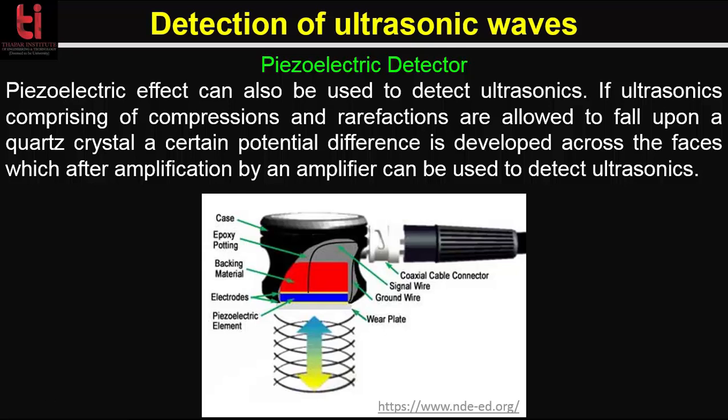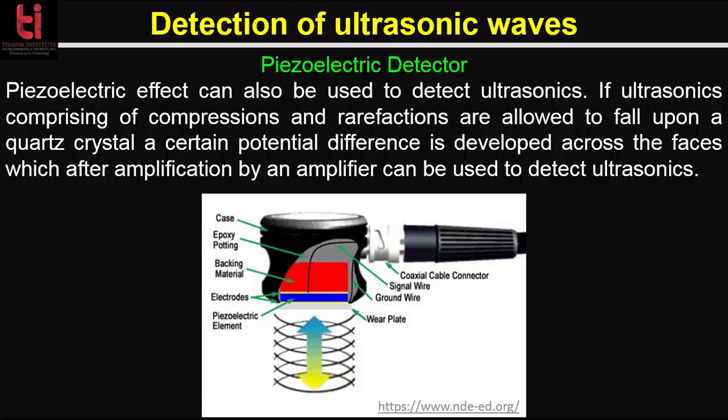If ultrasonics comprising compressions and rarefactions are allowed to fall upon a quartz crystal, a certain potential difference is developed across the faces, which after amplification by an amplifier can be used to detect ultrasonics. What you can see here is a cutaway of a typical contact transducer. This is the piezoelectric element, and these are the ultrasonic waves, comprising compressions and rarefactions, allowed to fall on the quartz crystal.